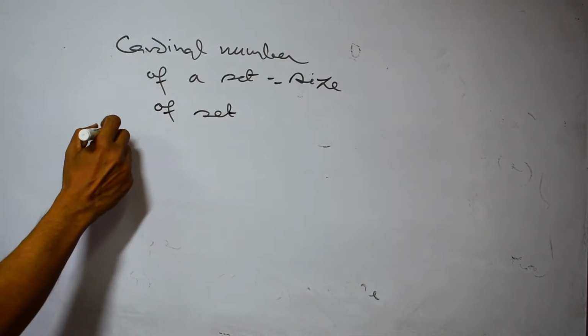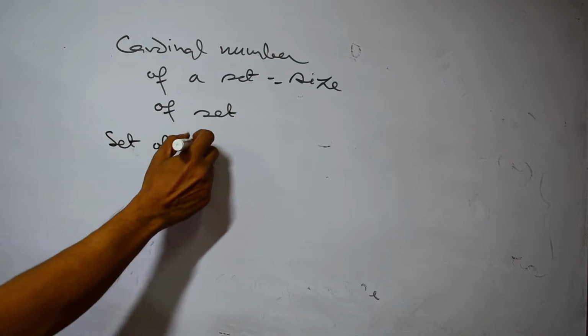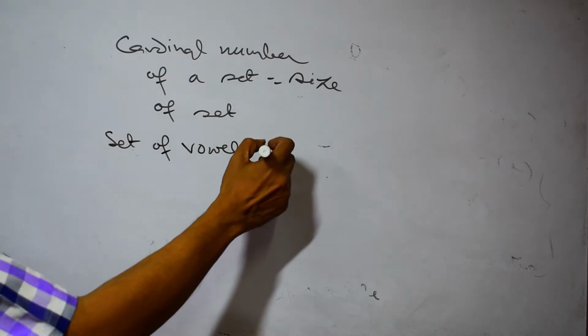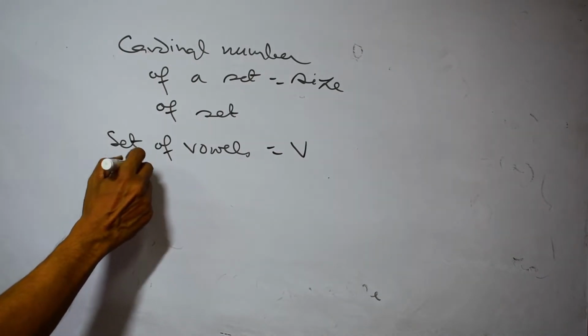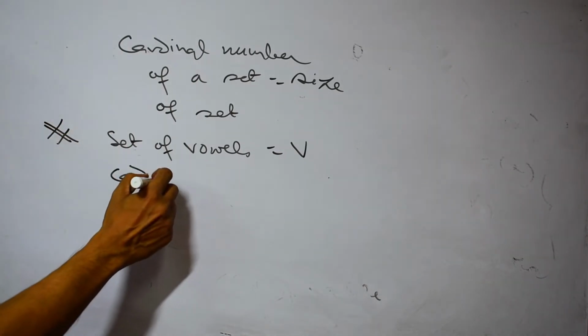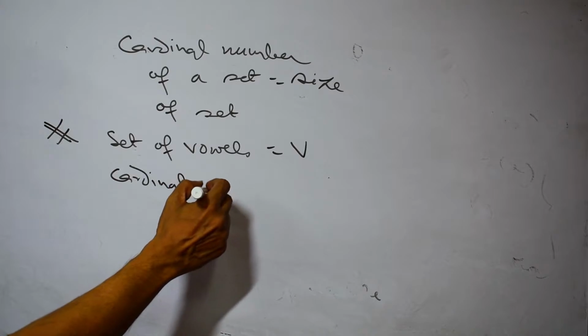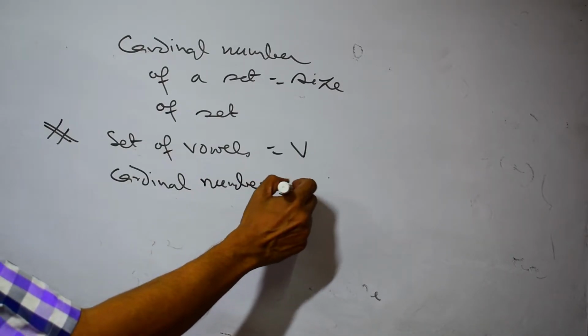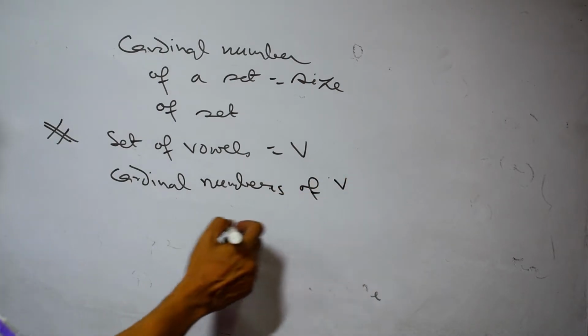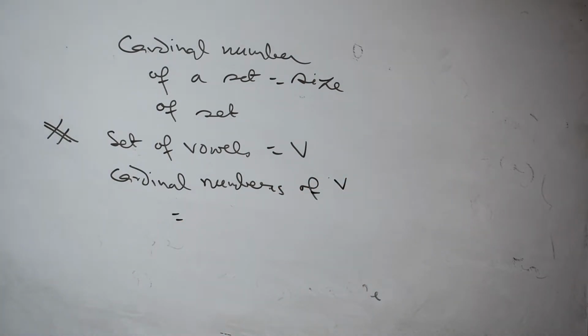So if I write set of vowels, then let it be V. Then cardinal number of V means how many letters are vowels. That means how many elements are there in the set V, which is the vowel set.